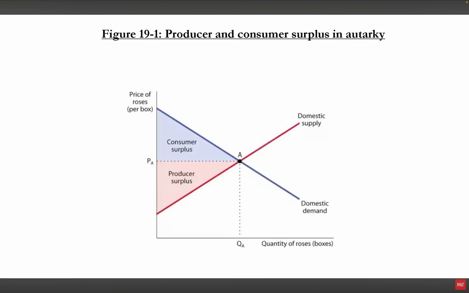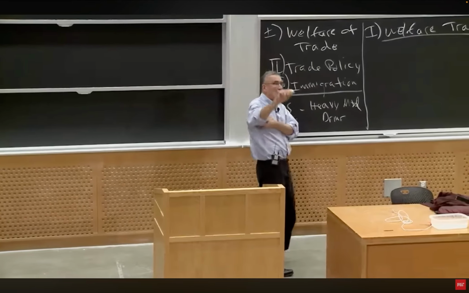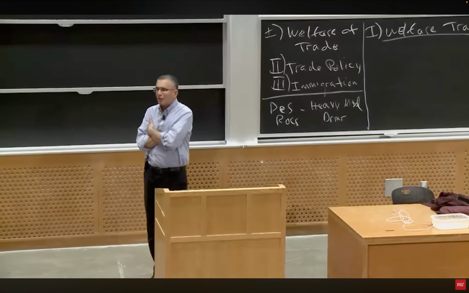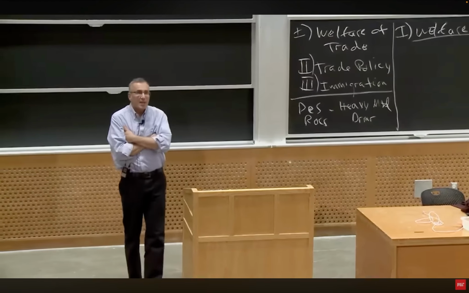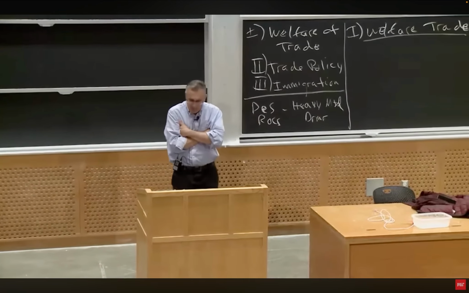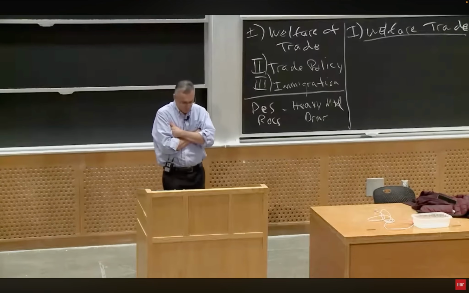That would be a line parallel to the red line, and that would intersect domestic demand at the price PW. So think of a new supply curve below that. But that's not really true, so we don't draw it. But that's a way to think about how we get to this new price. By allowing in cheap roses, you've lowered the price, and basically people can have more roses.